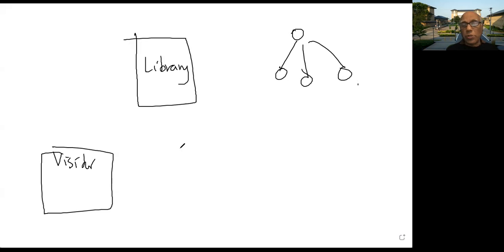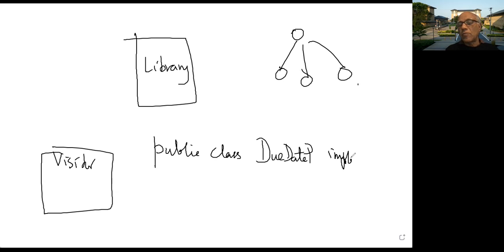Then what we are going to do here is implement the visitor interface. We will write public class. I am not having much space here, so I'm going to call it something very short. Due date printer, due date P, implements visitor.